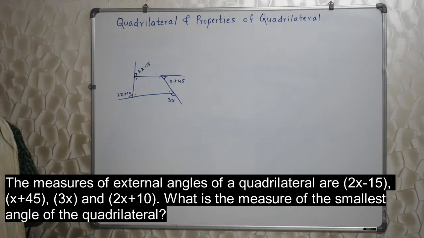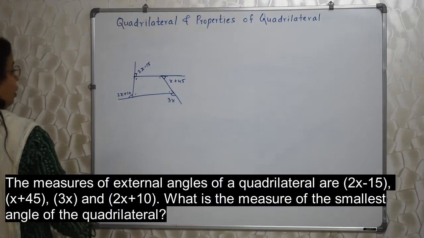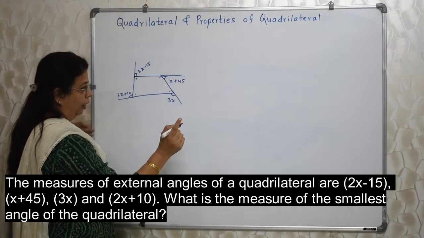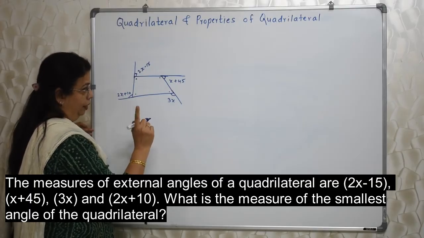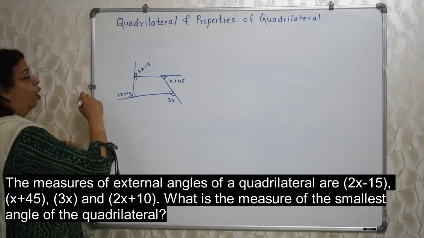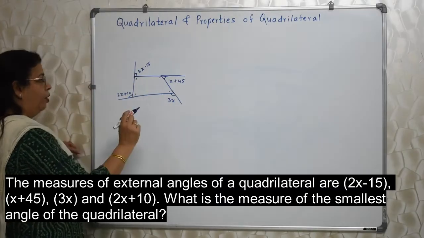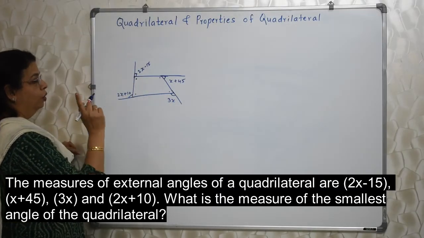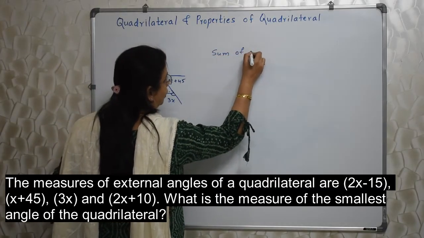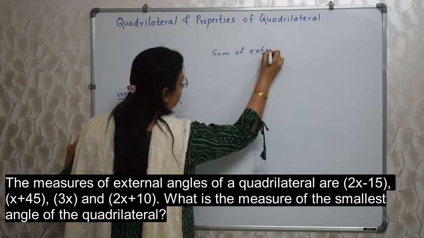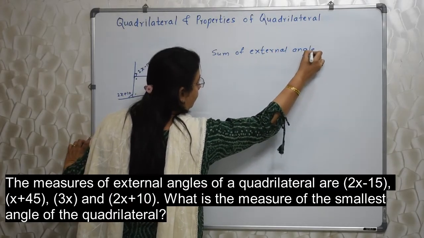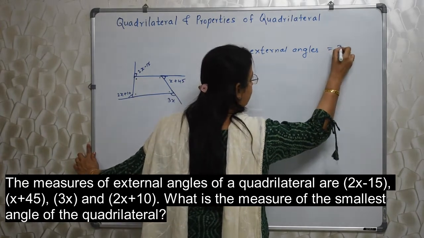Okay, so we all know the addition of all angles of any quadrilateral is 360, right? In the same way, addition of all exterior or external angles of any quadrilateral is also 360. Sum of external angles is always 360.